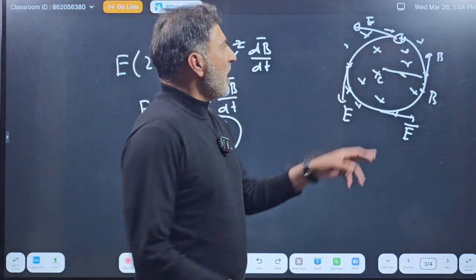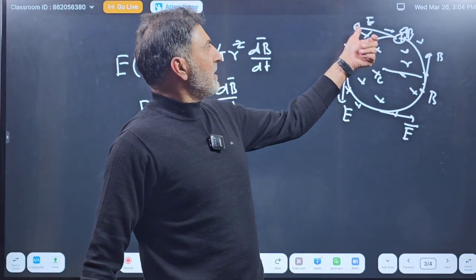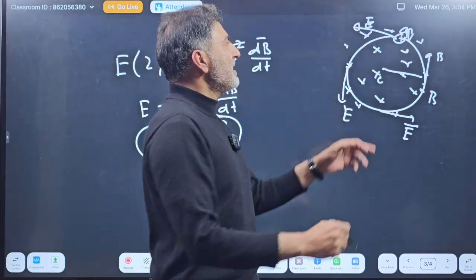But when the charge is here, it is in the electric field. So can you tell me what is the force on the charge?